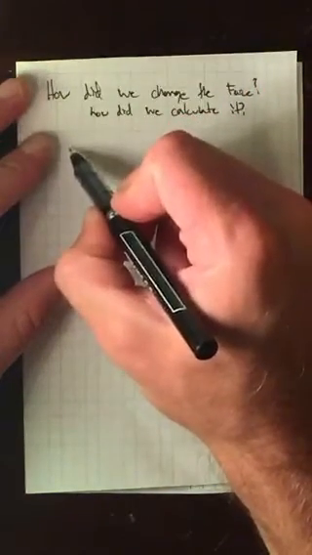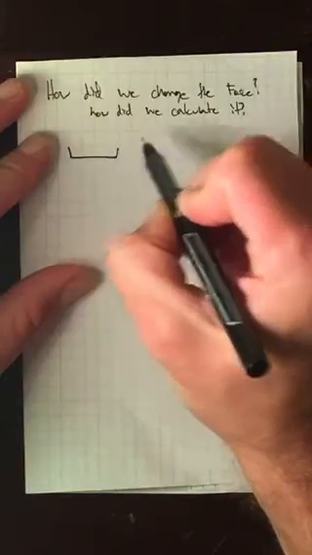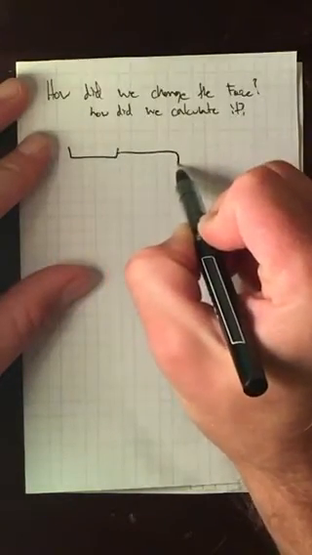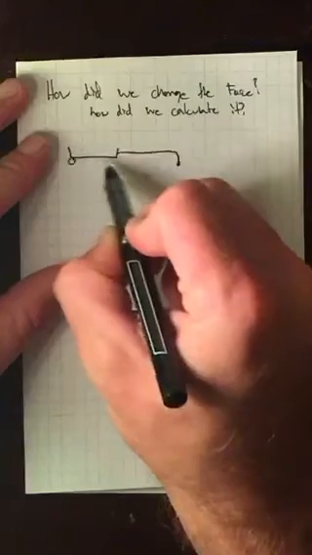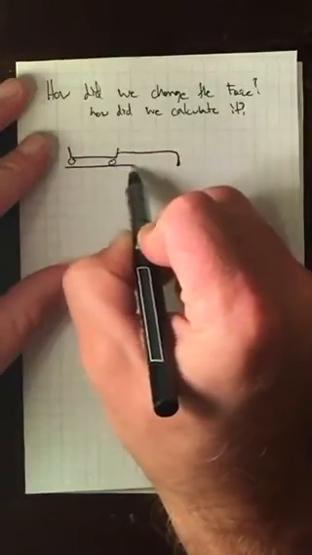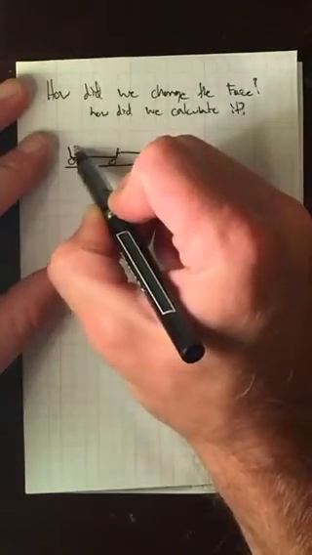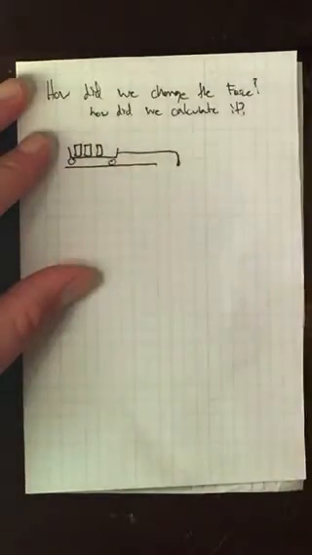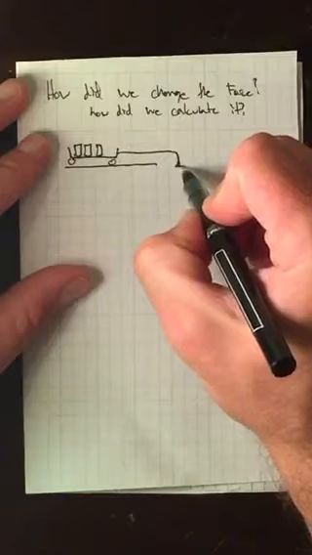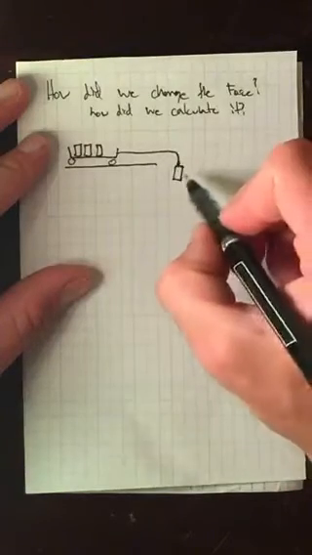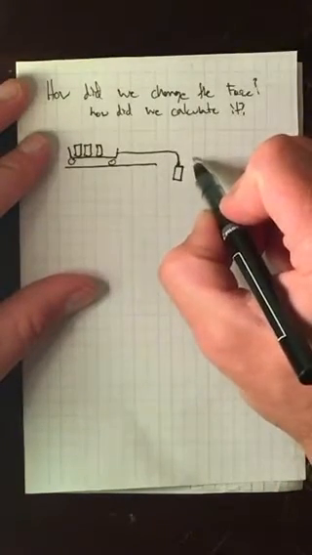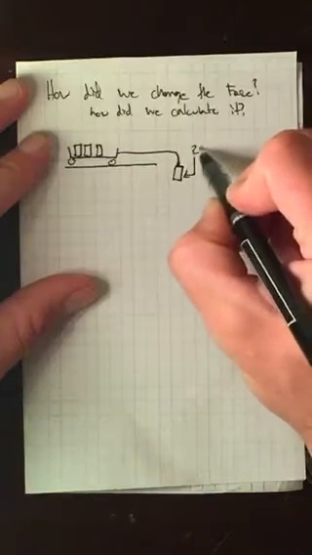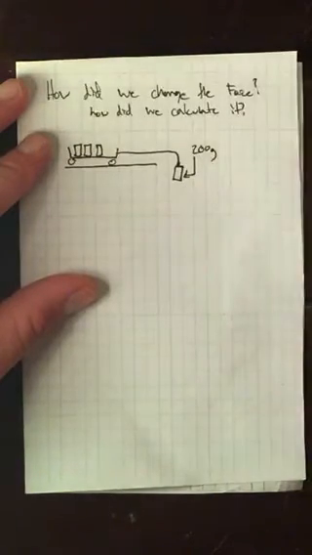Well, remember, we had our cart, and it had a little loop on that string, and there's the table there, and we just had masses here on this cart. And say we hung a 200 gram mass.